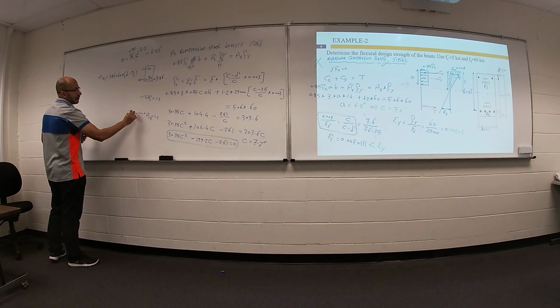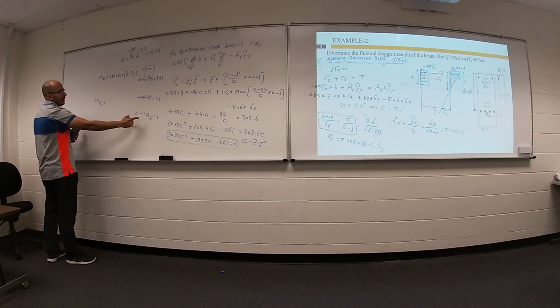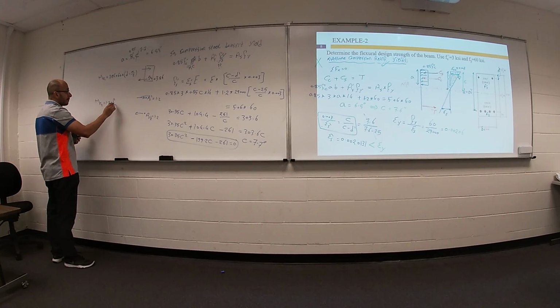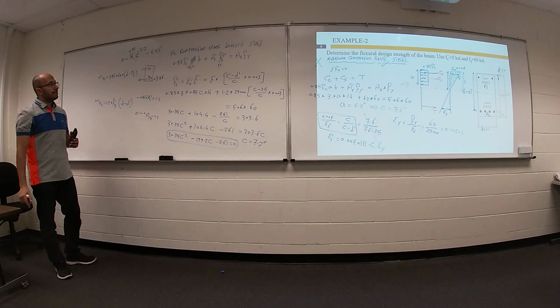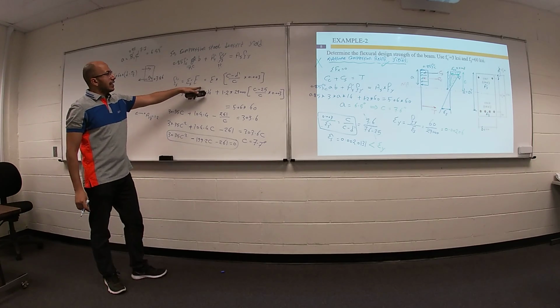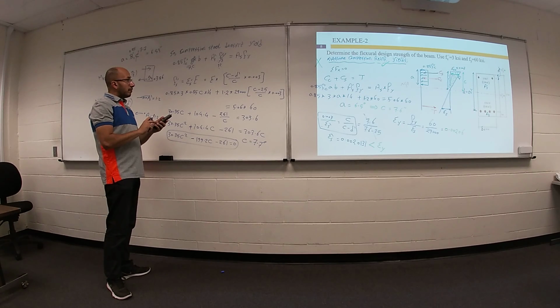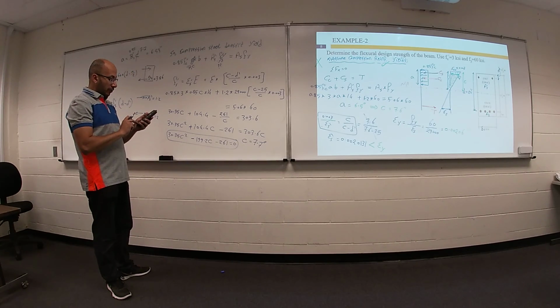For the second one, we have tension here and compression here, so Mn2 equals area steel times F steel times this distance, D minus D bar. How can I get F steel? Go back to this equation and get it: C 7.7 minus D bar, divided by C, times 0.003 times E, Young's modulus.